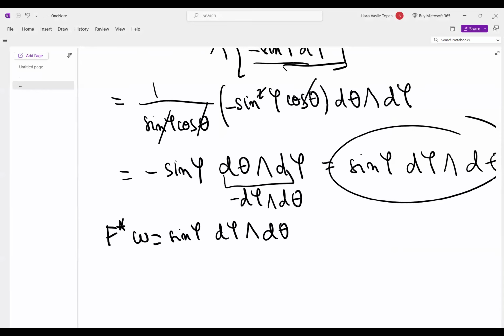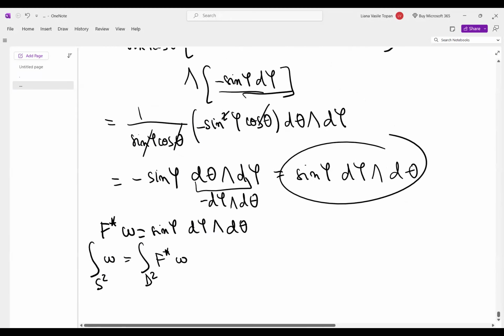Now, we say that the integral over S2 of omega is the integral over D of f star omega. Now, remember, please, it's not D squared, it's D. Remember what D is, right?